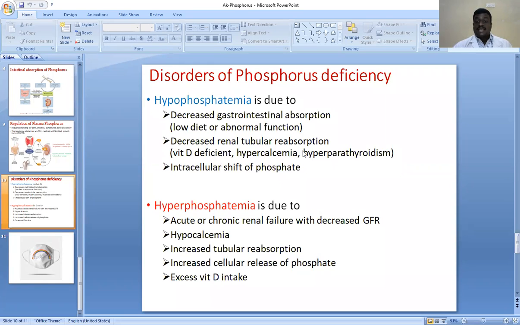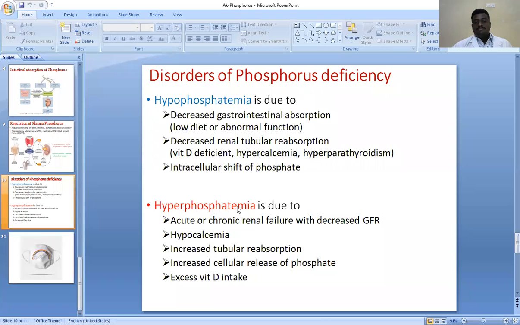Next one is hypercalcemia, when hyperparathyroidism takes place, and there is hypophosphatemia, with excretion of more phosphate. Okay. Next one is intracellular shift of the phosphate due to cellular damage. Due to cellular damage, more intracellular phosphate is shifted to the extracellular.